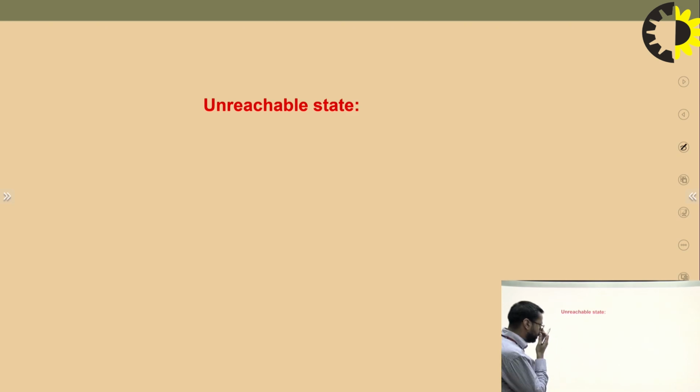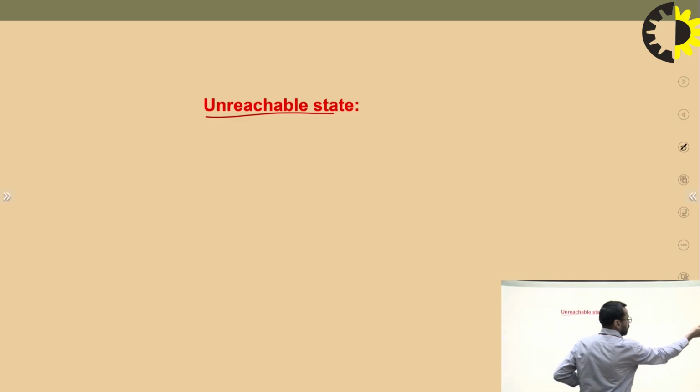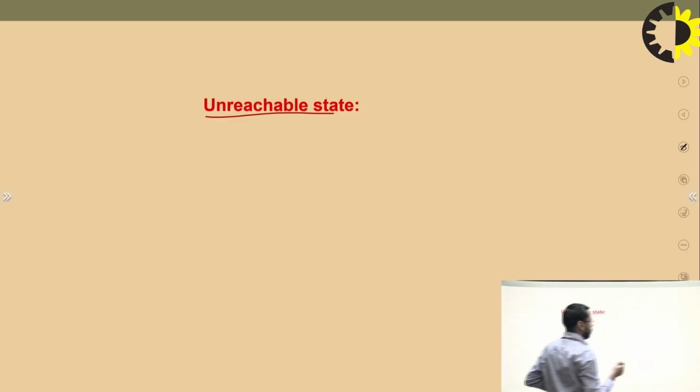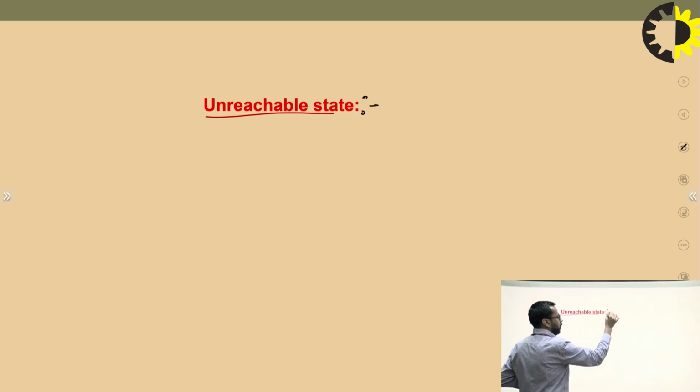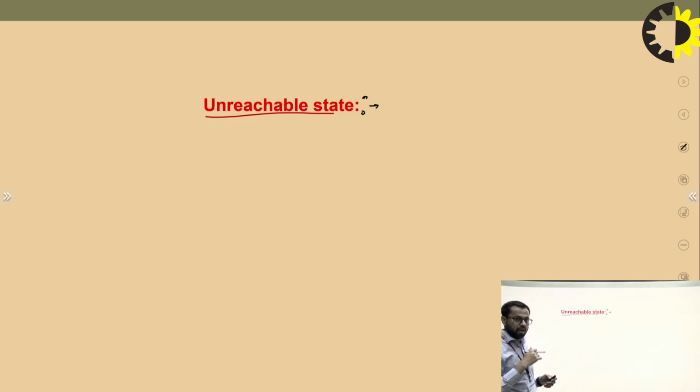It is fundamental to know first what an unreachable state is. A state is known as an unreachable state if we cannot access it, that is, we cannot traverse to it from the initial state.